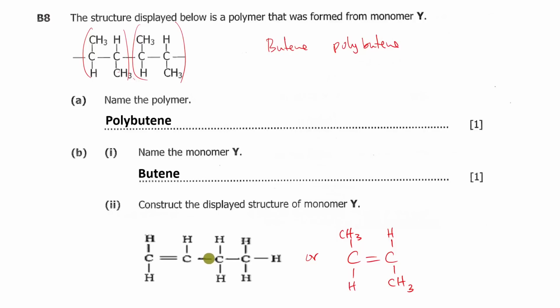Then you will remain with this hydrogen, you give it to this one. So when you shift this bond, you bring it here. You remove this hydrogen, you give it here, so that you have C and 3 hydrogen there.